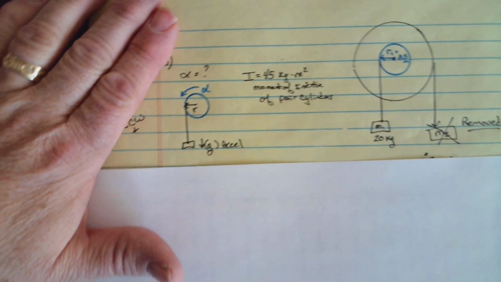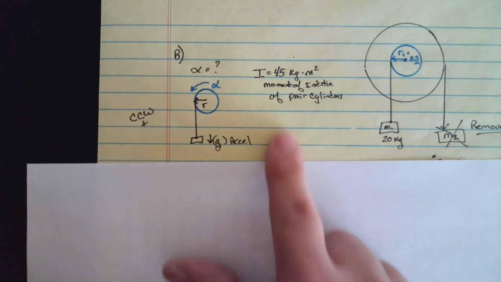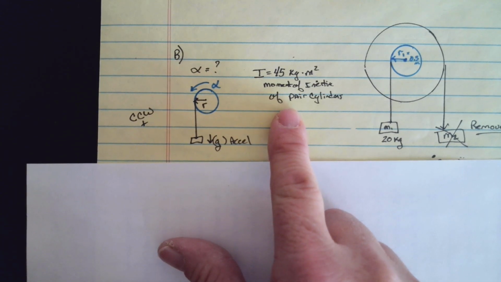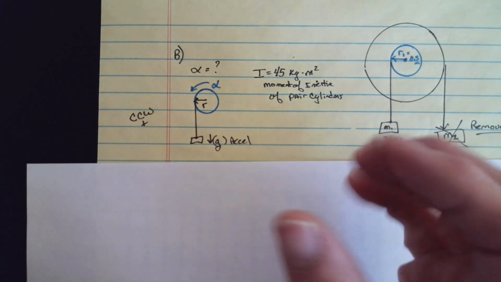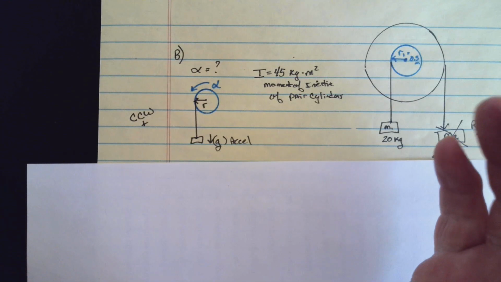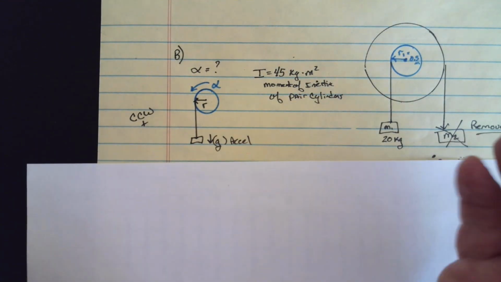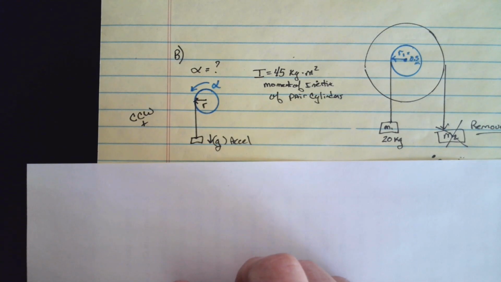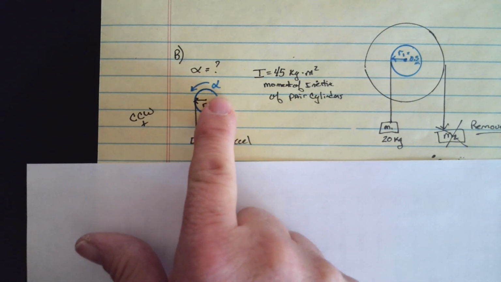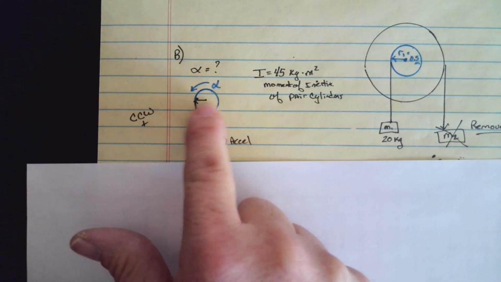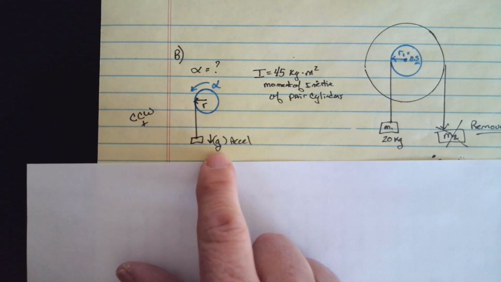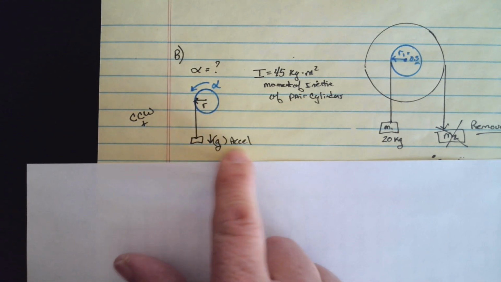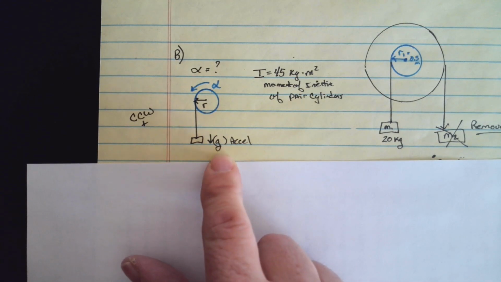So I rewrote it again, just a little bit clearer. They also gave us a little extra information that we're going to need. The moment of inertia of the two cylinders spinning together, what causes them to keep moving, is 45 kilograms per meter squared. I want to find the angular acceleration, and it's going to happen at the same rate as the acceleration of this object falling.